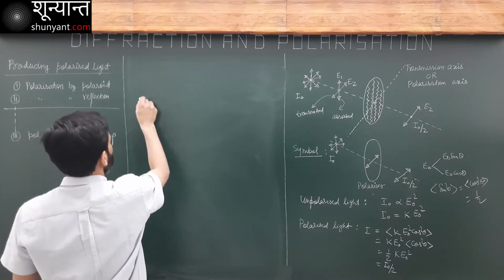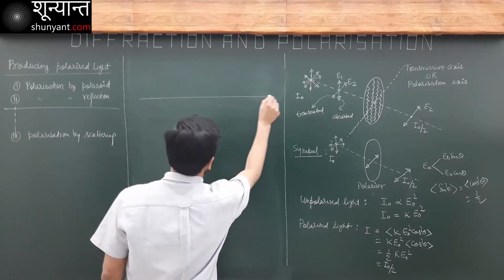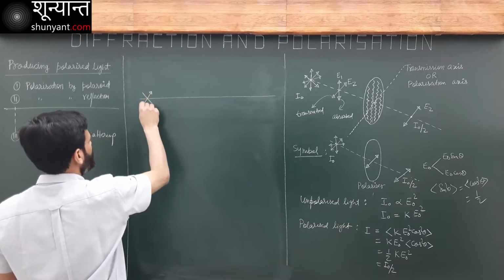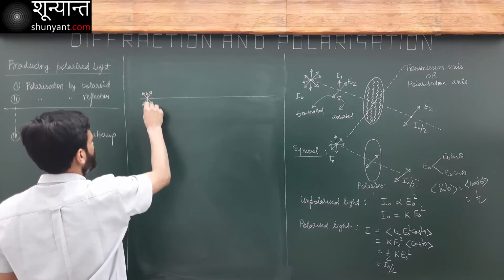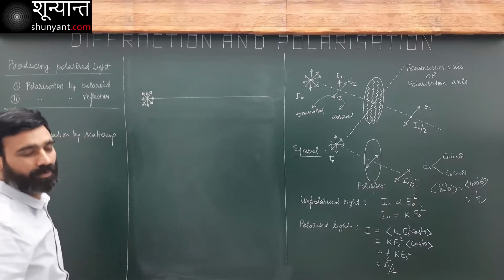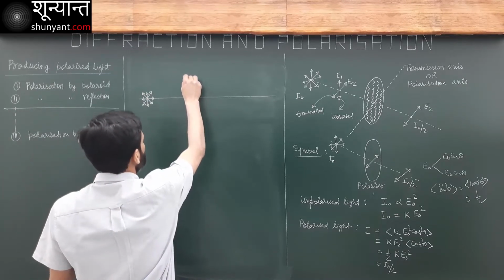Let me draw this diagram here. I have this unpolarized light, let's say. It has a certain intensity, we are not bothered. It is passed through a polarizer.